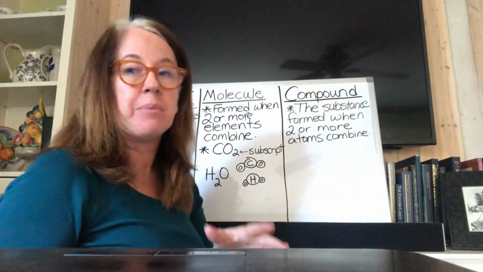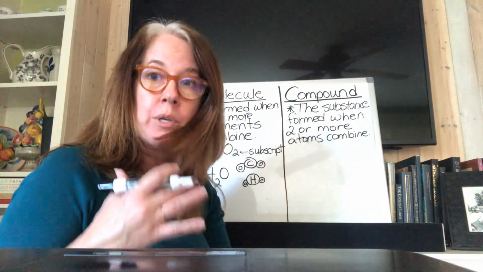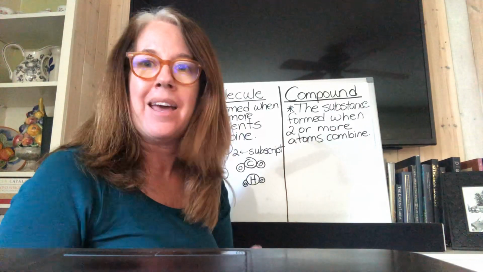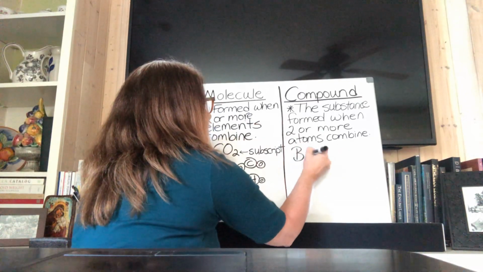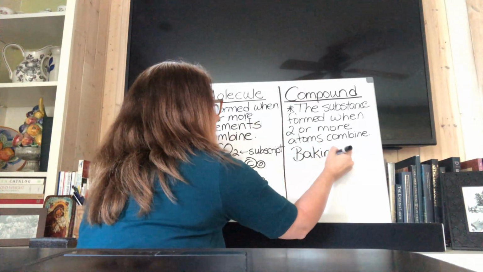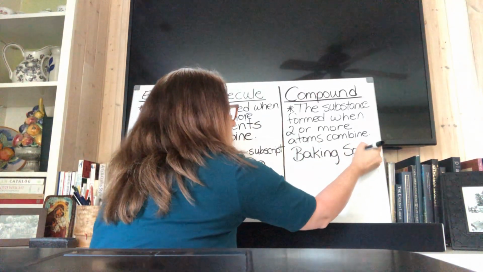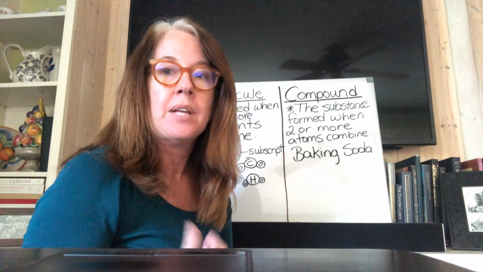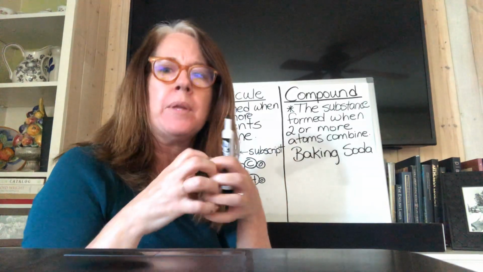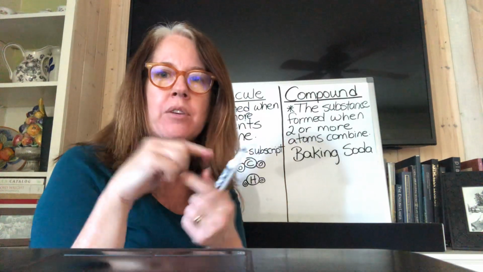So for example, one of the compounds that's really common in your house and that's also used by scientists is this one, baking soda. So this is a compound that was created by several atoms joining together. And when they join together, it really means that they share their electrons.